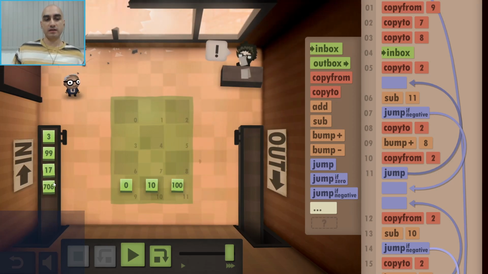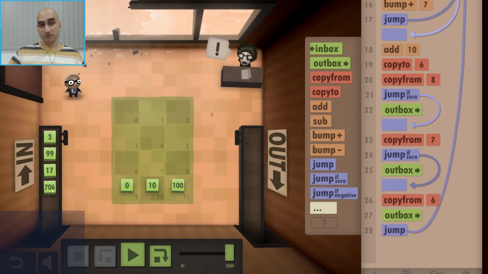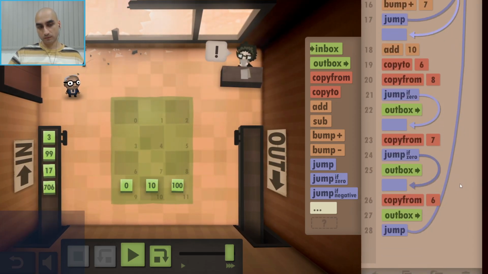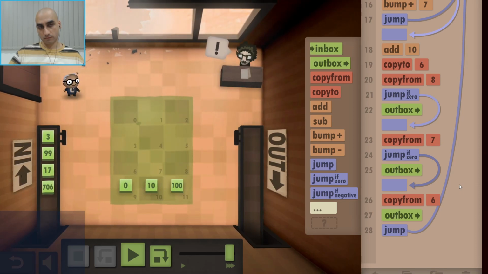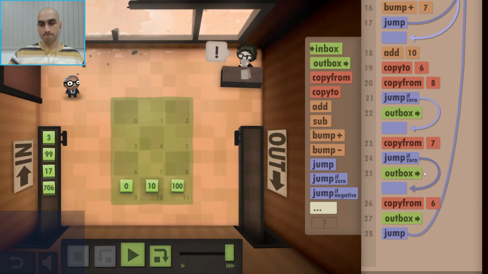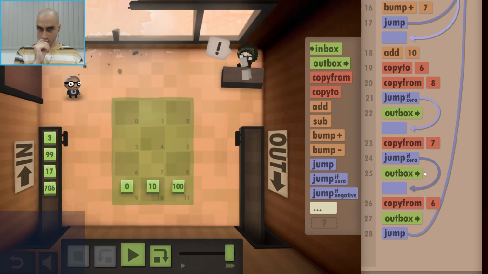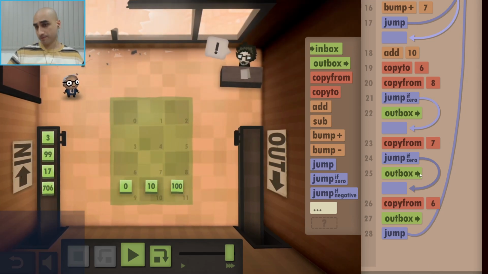So if there's a 0 in the 100 space, we absolutely skip that. If there's a 0 in the middle, now that's a problem. We have to check the hundreds.